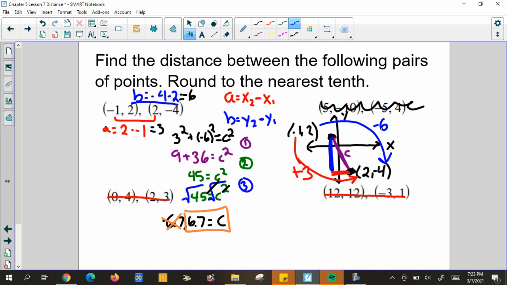And we can use those pieces, just like when we found slope, to go back and tell us what the distance between the 2 points actually is. Now, this is leading us towards an actual formula that we're going to look at on the next slide.